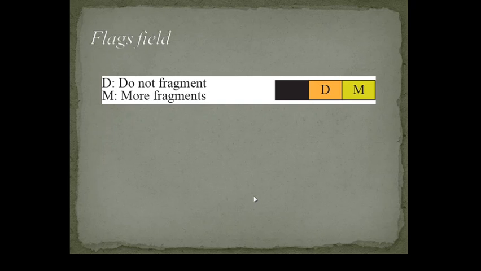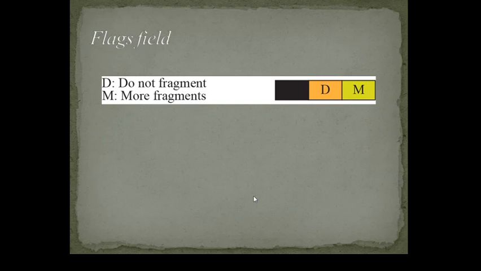Now, the other thing was the 3-bit flag. One bit is not used. The other bits are D and M. D is for do not fragment, which shows that the packet you have received is not fragmented. And M means more fragments. It means that the data has been fragmented, and you are going to receive more fragments of this identification.